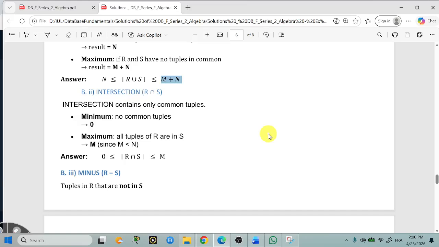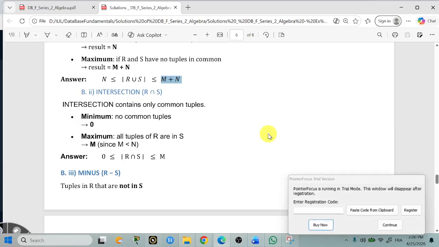But what about the maximum? The maximum is that R is a subset of S, or all rows of R are in S, because the number of rows of R is less than the number of rows of S. So the intersection should be these rows of R that exist in S, which is m.